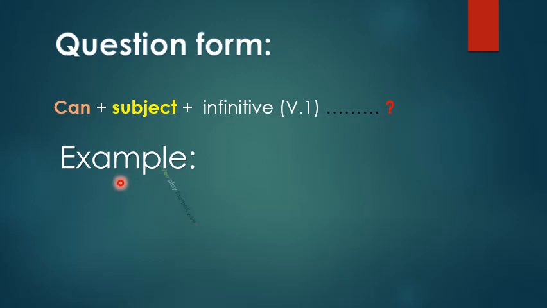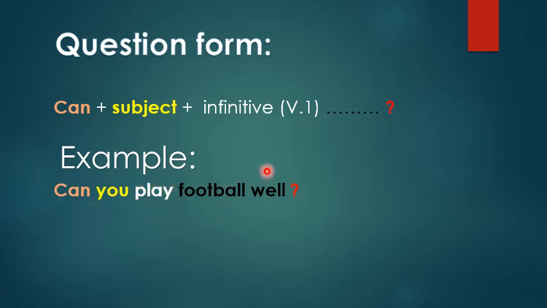So here we have an example. Can you play football well? So here I'm asking about his ability in playing football. إذن هنا أسأله عن إمكانيته أو قدرته في لعب كرة القدم.